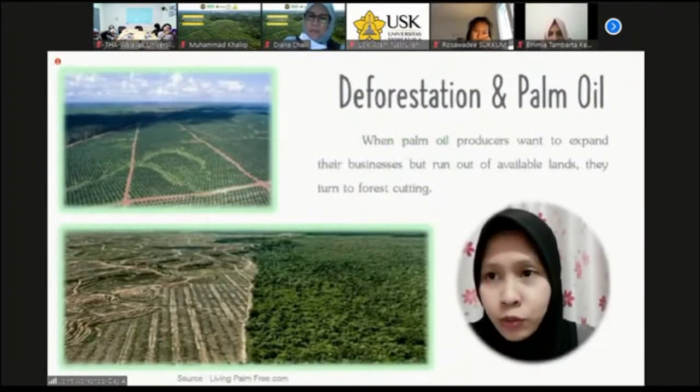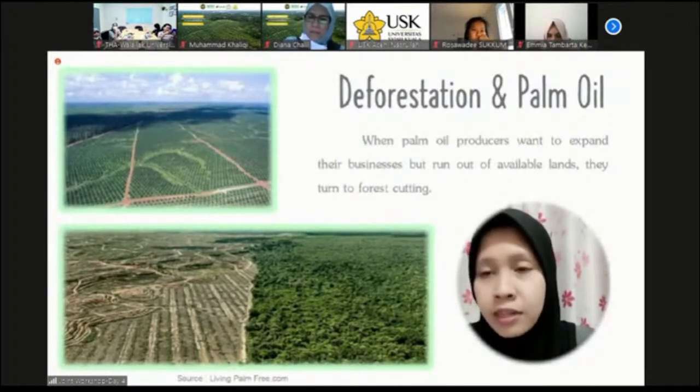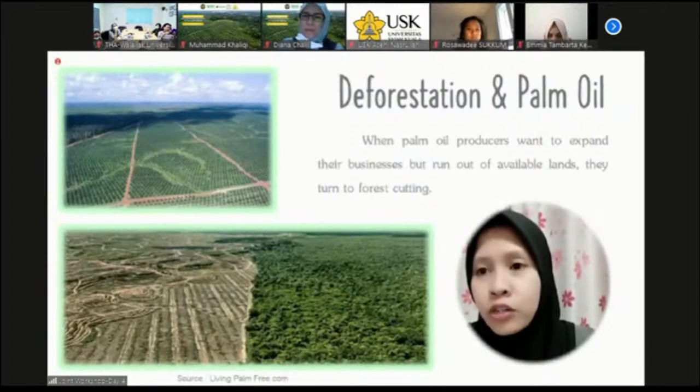When palm oil producers want to expand their businesses but run out of available land, they turn to forest cutting. In this situation, rainforest deforestation for palm oil reaches an immensely vast span. It happens because the oil palm is a tropical or subtropical plant and rainforest areas are the most suitable for its growth.